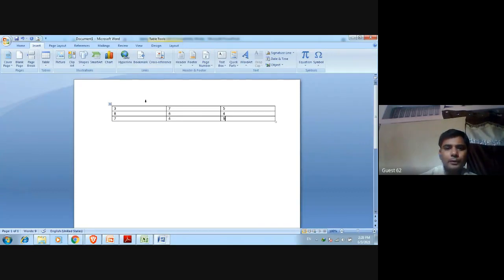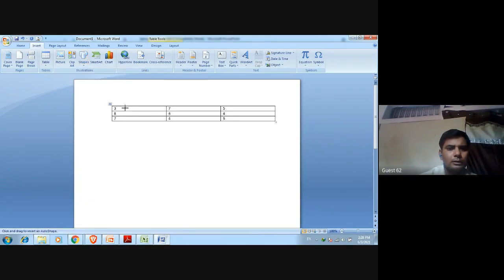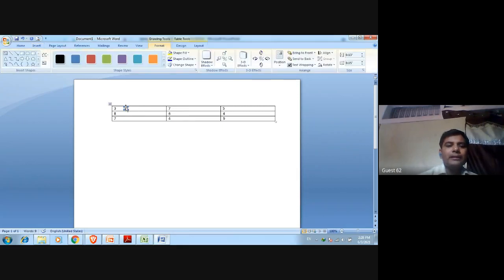Insert a circle, just like this. We will insert a circle and we will write the transported unit within the circle. Or you can also write it here in the topmost corner or bottommost corner, wherever you want.